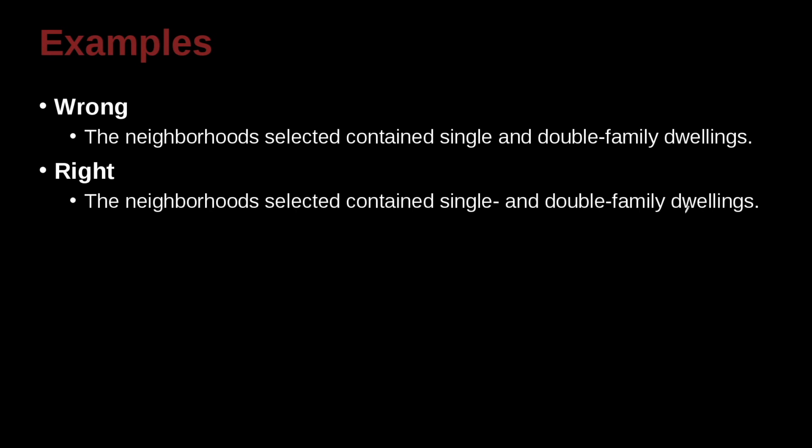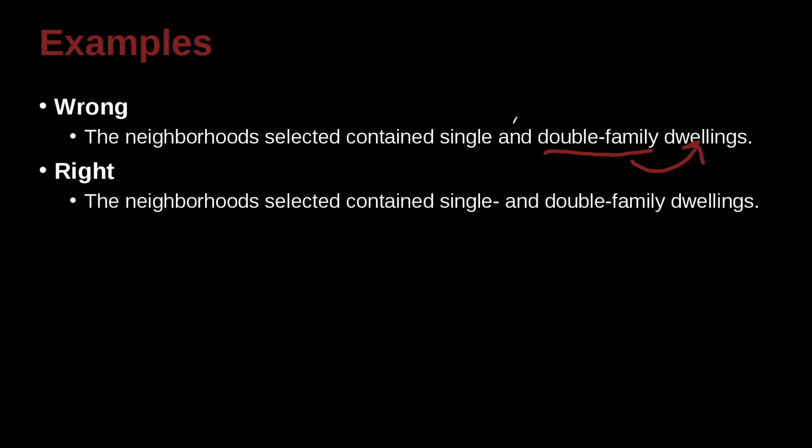The neighborhood selected contains single and double family dwellings. And here we have this special case of double family. So this does seem to be good for a hyphen because we're saying dwellings are this kind, double family. There's also another kind of dwelling called the single family.